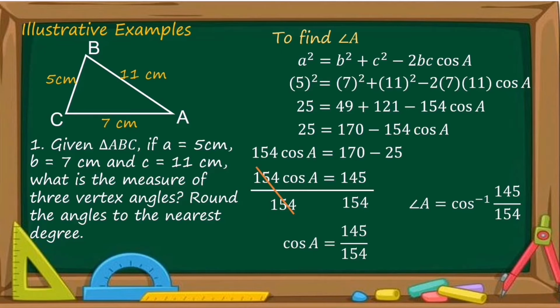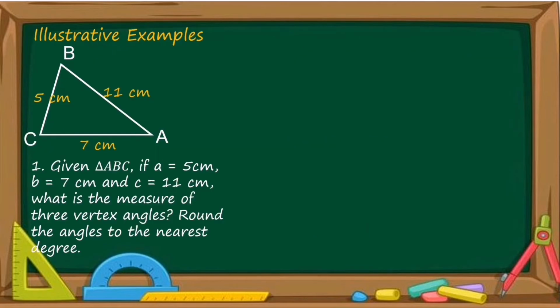Using our scientific calculator, the measure of angle A is equal to 20 degrees. Next, let us compute for angle B. Let us use the formula b squared is equal to a squared plus c squared minus 2 times a times c cosine B. Let us substitute the corresponding values.